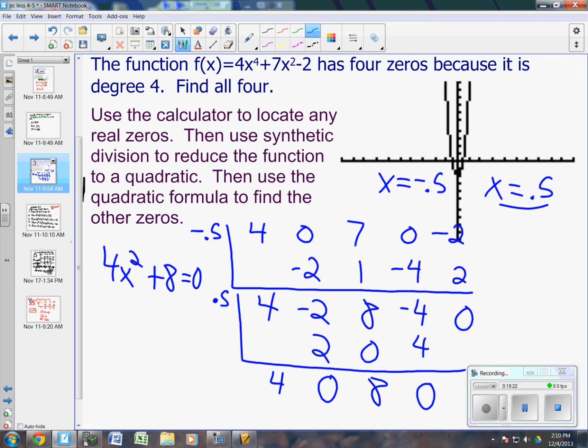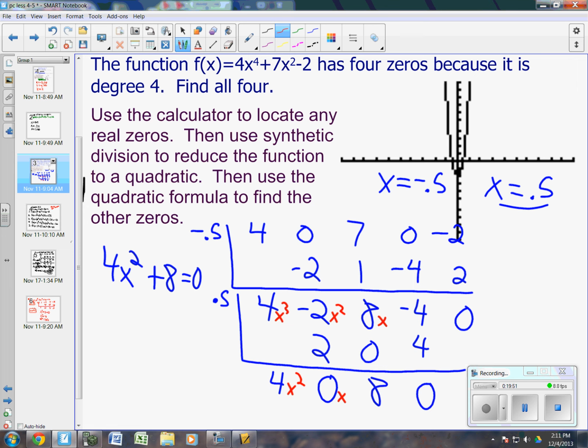When I divided negative 0.5 in there, that reduced this to a 4x cubed minus 2x squared plus 8x minus 4. And this one, when I divided 0.5 in there, that reduced that to a 4x squared plus 0x plus 8. Okay, it reduces it down to a second-degree polynomial from a 4th degree because I divided 2 factors into it.